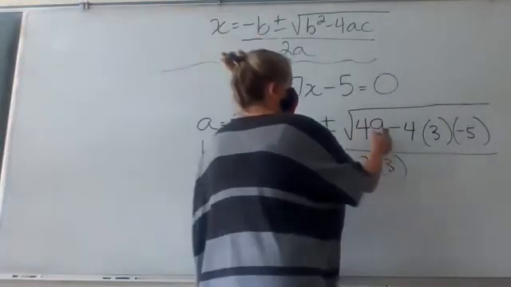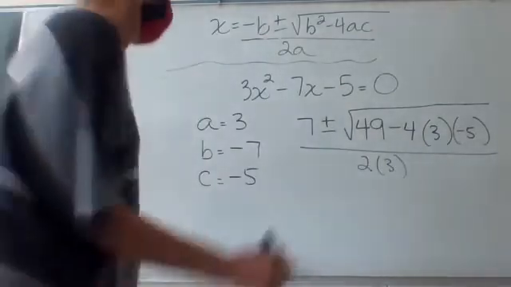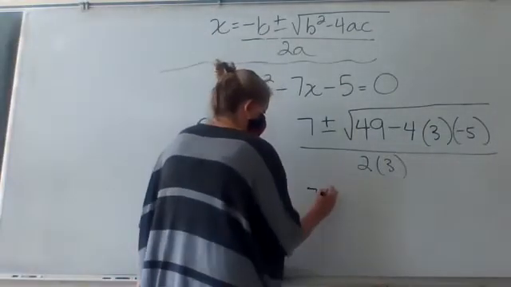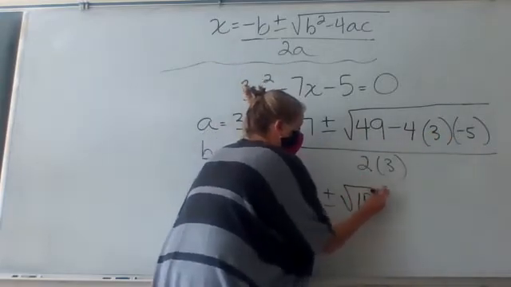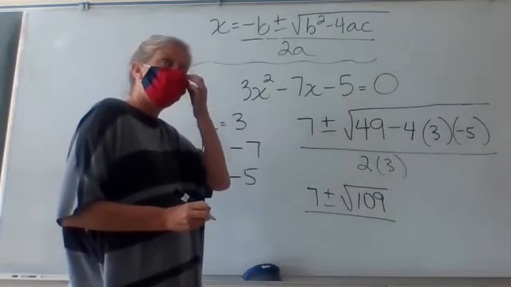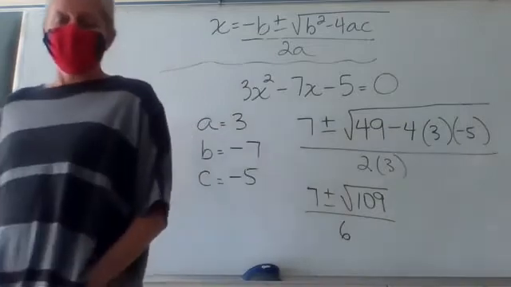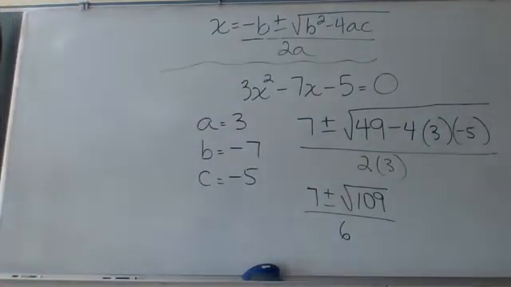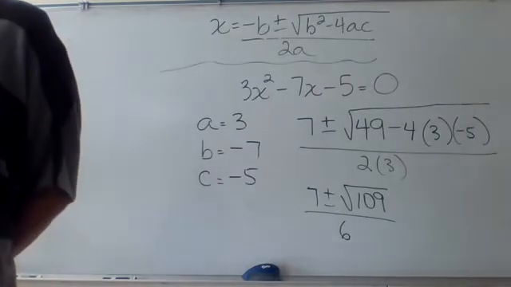So all of this, when I type that into my calculator, gives me 109. So 7 plus or minus the square root of 109 over 2 times 3, which gives me 6. So again, there is your exact solution, plural.